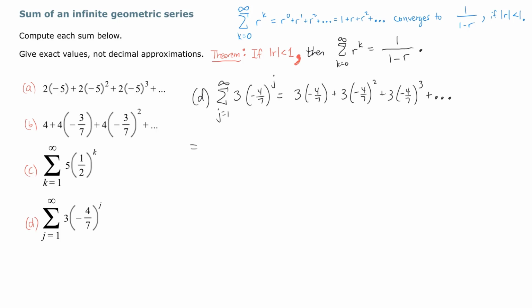I'm going to write the next expression, which is the greatest common factor, 3 times -4/7, and let's see what's left. What's left is a 1 plus a -4/7 plus a -4/7 squared, and so on and so forth.